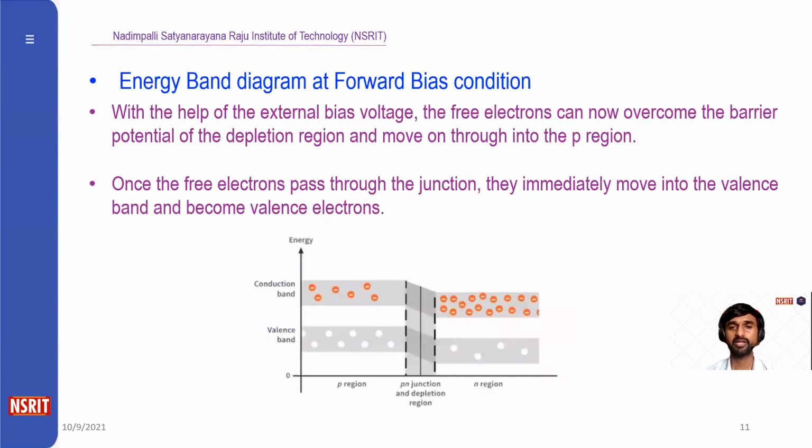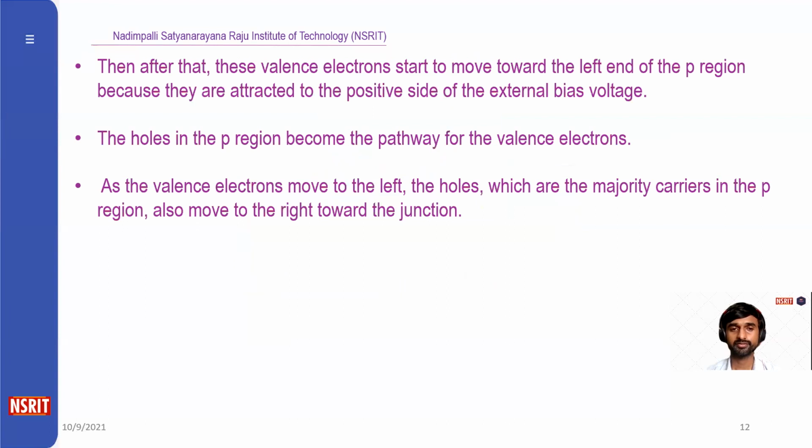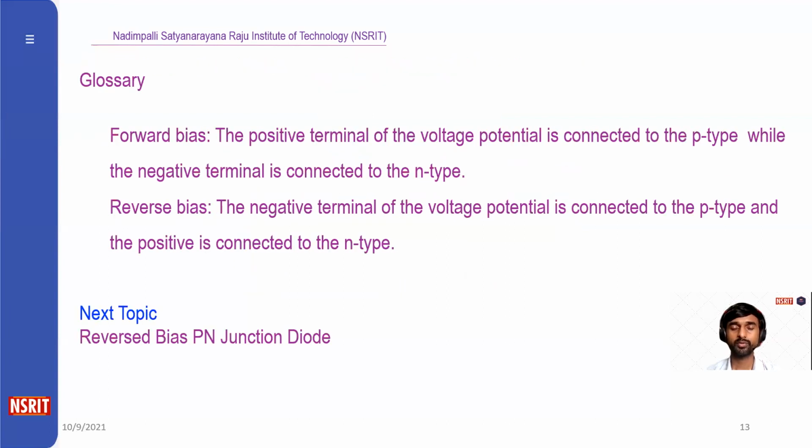And also we have seen the energy band diagram of a forward biased PN junction diode. So these are some of the important terms that you need to remember: forward bias and reverse bias. In the next session, we'll be looking at the reverse biased operation of PN junction diode.